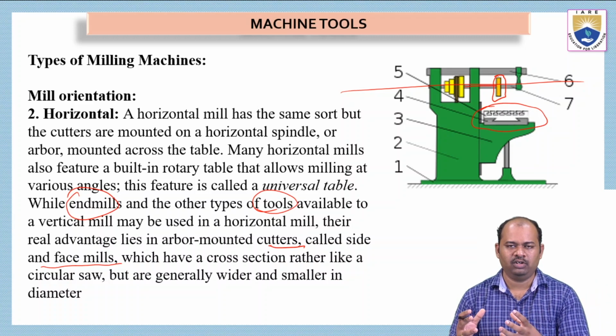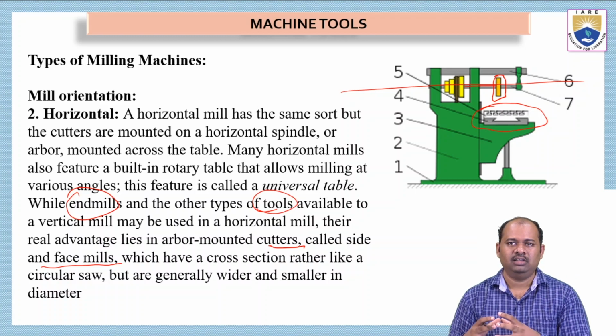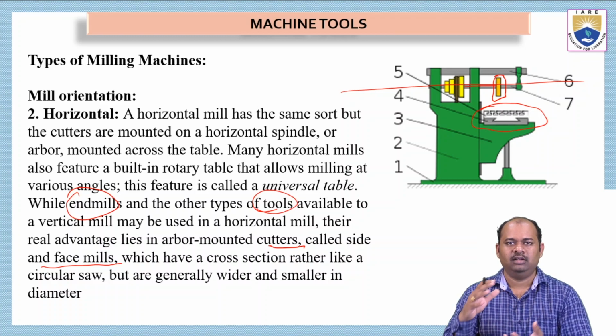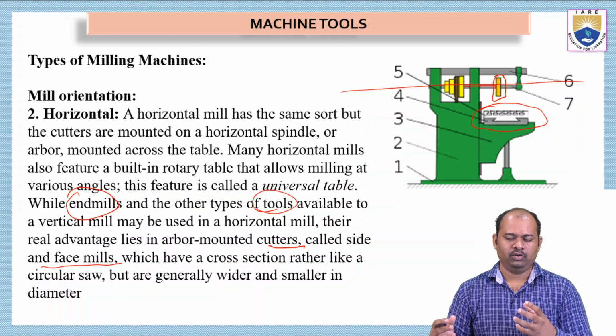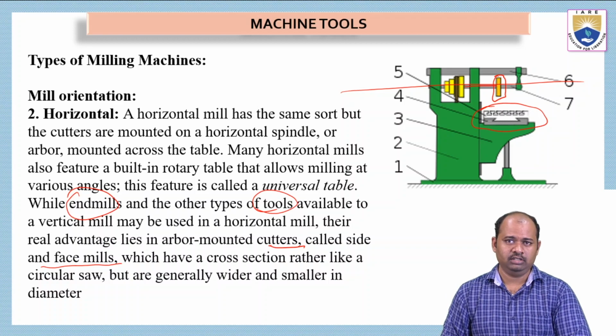If we want to use those tools, we sometimes have to make some modifications to the machine, or adjust the movement of the table or straddle. So this is all about the horizontal milling machine.